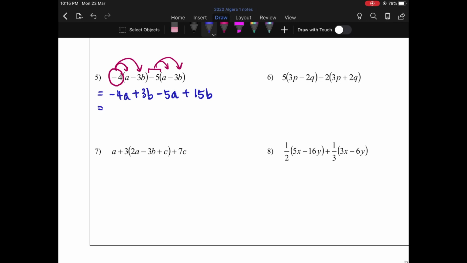So let's simplify this. Group up the like terms together. A terms, then the b terms, together with the sign. So the sign follows the term on its right. So we will get negative 9a, positive 3b plus 15b.